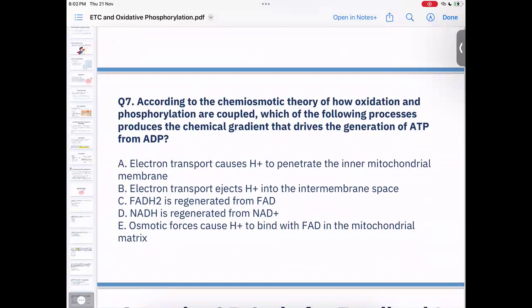So question 7 says, according to the chemoosmotic theory of how oxidation and phosphorylation are coupled, which of the following processes produce the chemical gradient that drives the generation of ATP from ADP?